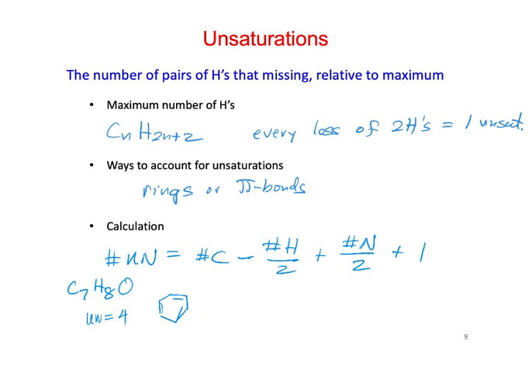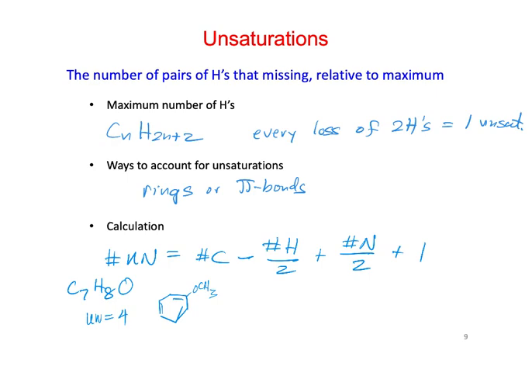So for this, you could easily have something like this, or you could have an OH and a methyl group, or you could have a CH2OH. All of those would be consistent with 4 unsaturations. There are obviously other structural ways to come up with 4 unsaturations as well, but especially when you have molecules this size, it's difficult without a benzene ring.